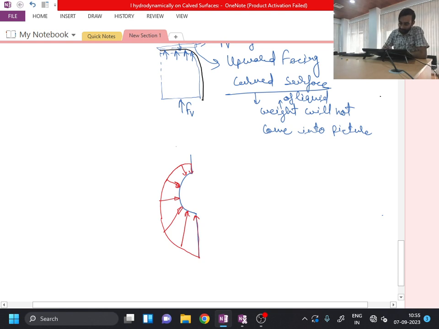Now you will find that all the forces acting on the entire body because of the pressure must pass through a common point, and that common point is the center of the circle.